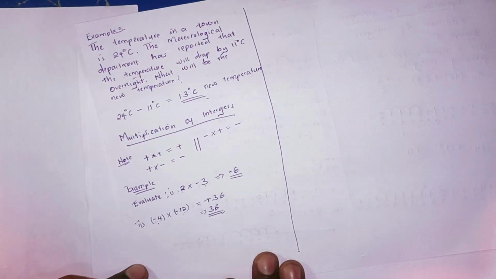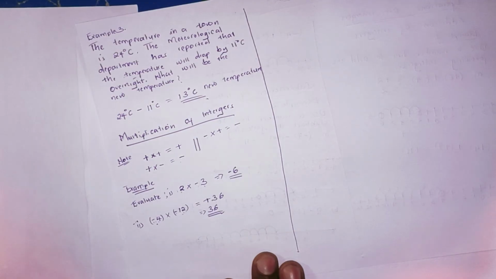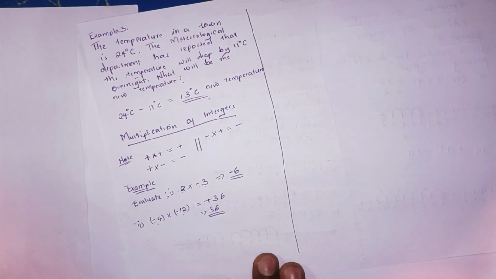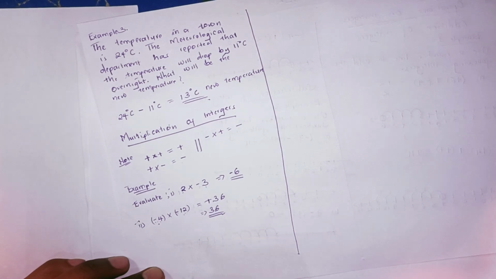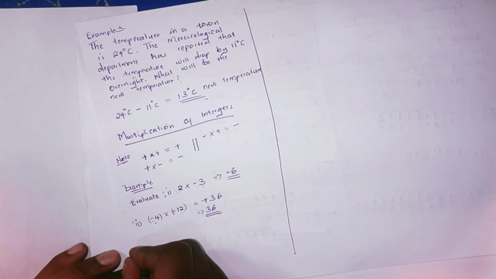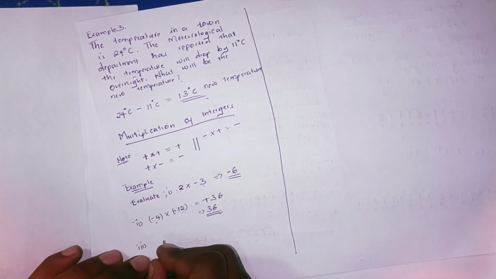Good. Then what if I pick another one? Here I began with positive times negative, and this one negative times negative. What about when I begin with negative times positive?